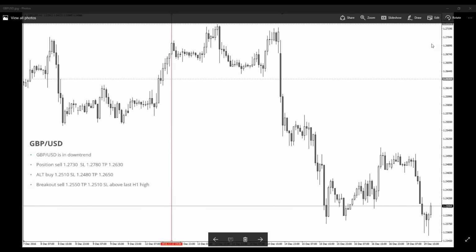For all traders who traded this setup, I think that Pound Dollar was very fruitful. First of all, your chance to enter the market was here. So this was the first chance to enter the market.